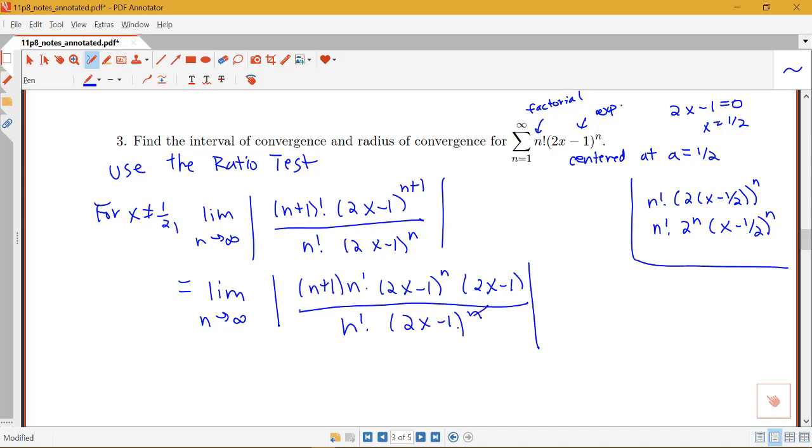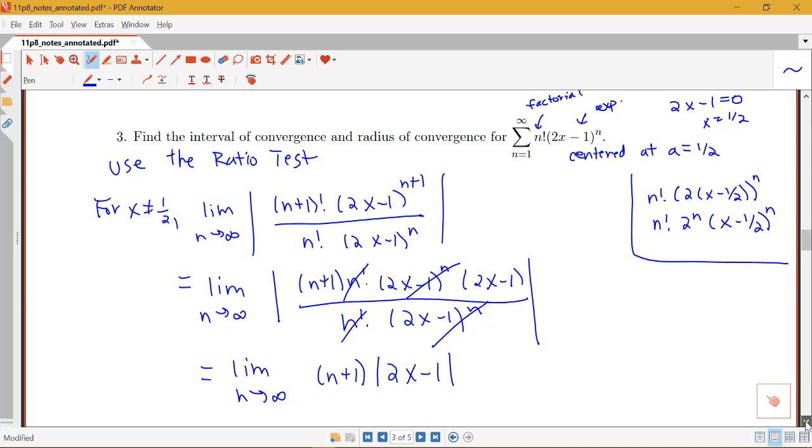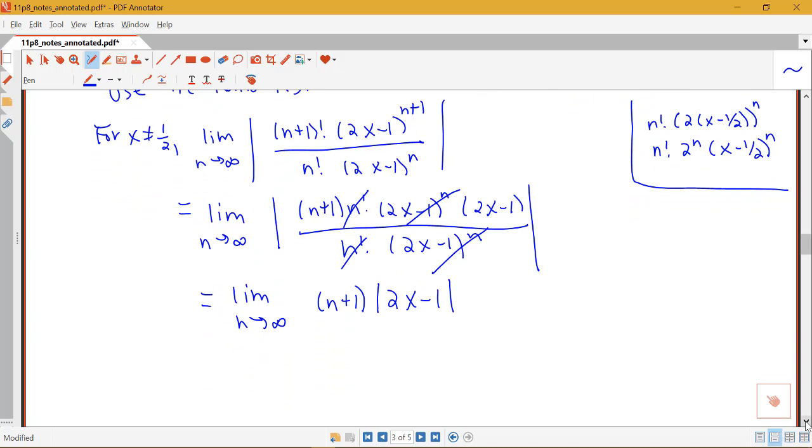So this is just to help me see how that cancellation is all going to occur. So what do we notice here? Well, I've got a limit as n goes to infinity now of (n plus 1) times the absolute value of (2x minus 1). Again, because n plus 1 is always positive, but different values of x could make 2x minus 1 negative, so I do need to keep those absolute value bars there.